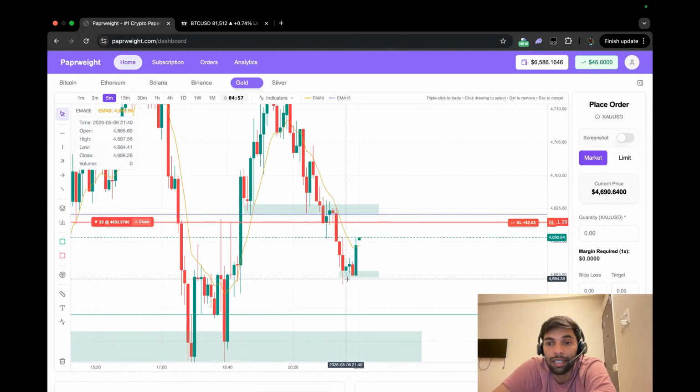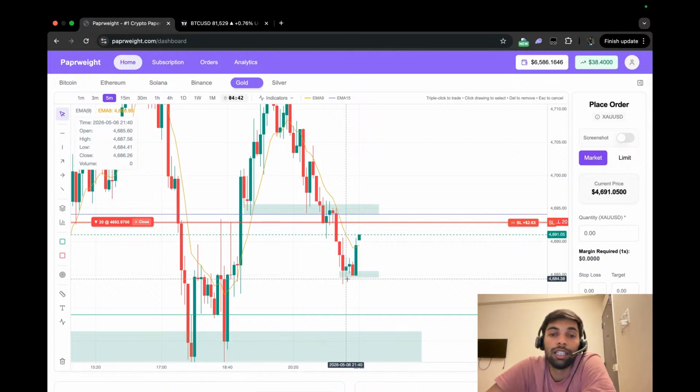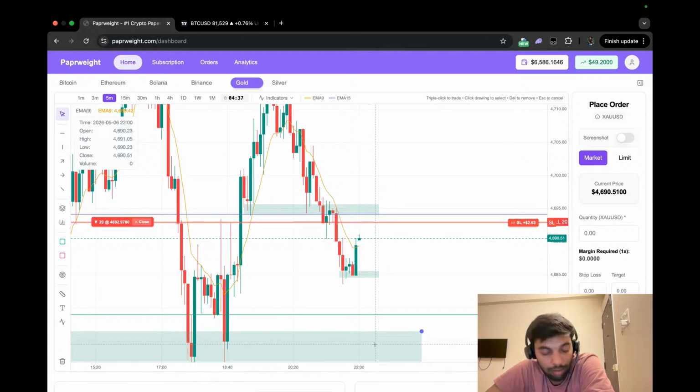See, told you guys, this big green candle will invite more buyers and eventually also wipe out the early sellers like me, because my stop loss is also here, right? So it will also get hit.